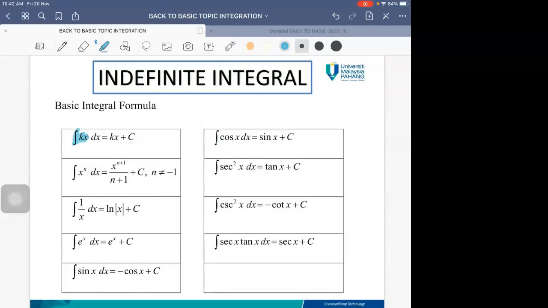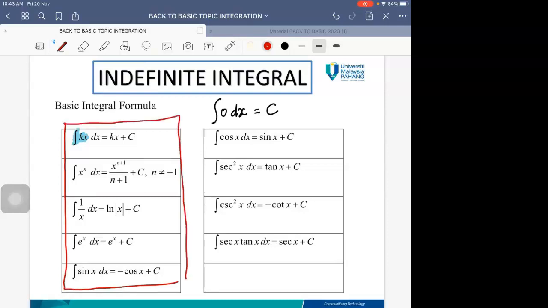All right, the first one, very basic, integrate 0 dx. Integrating 0 dx, you get a constant C, where C can be any real number. I believe this table is not too difficult. This is a standard integration formula.